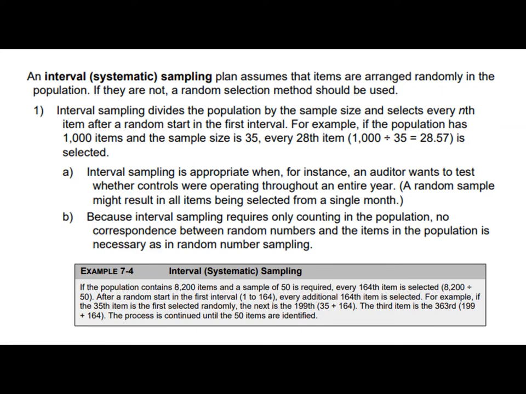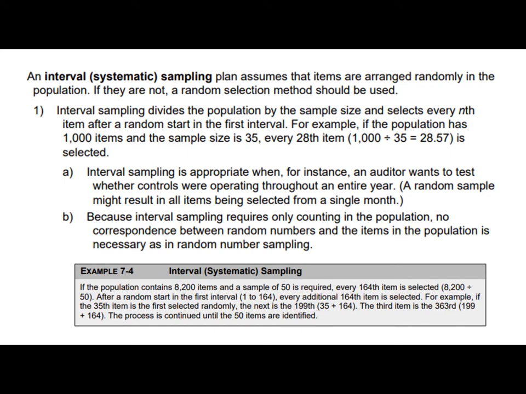Let us say randomly you have chosen the 10th item as the first item. Because the sampling interval is 28.57, between 1 and 28 we can pick the first sample. So the first sample will be, let us say, 10.